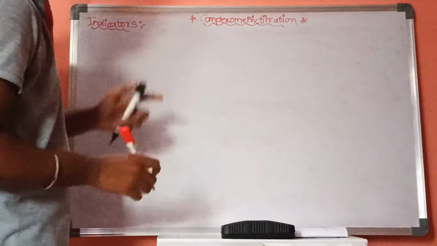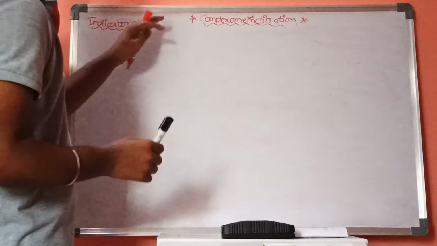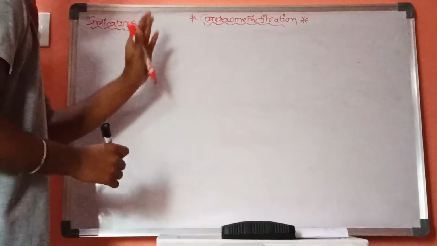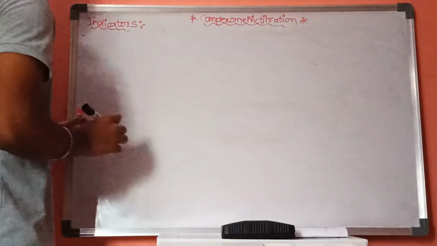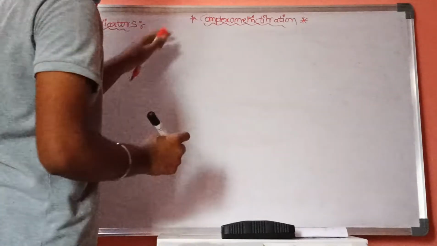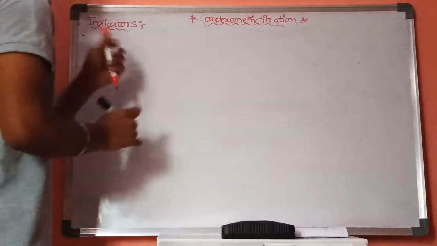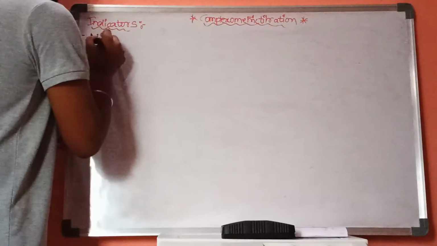First of all, what are indicators? Indicators are chemical substances which are helpful in detection of the endpoint by changing color. Now, what are the indicators which are used? The indicators which are used are metal ion indicators.